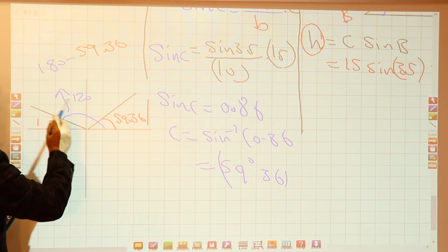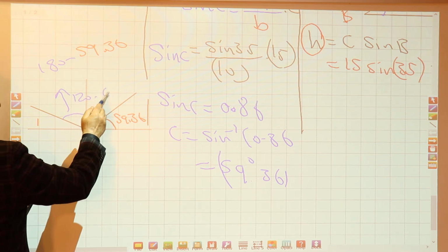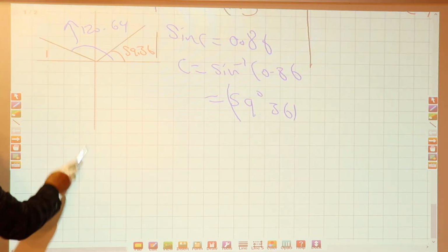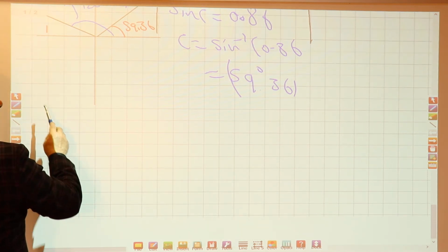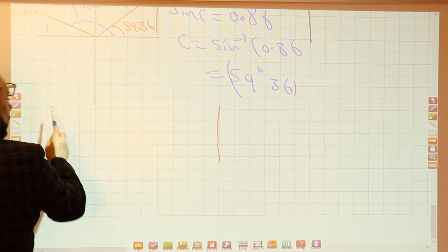Then we have two triangles. One of them has angles 35 and 59. Let us take the first case, then we divide our work like this. We have two cases.